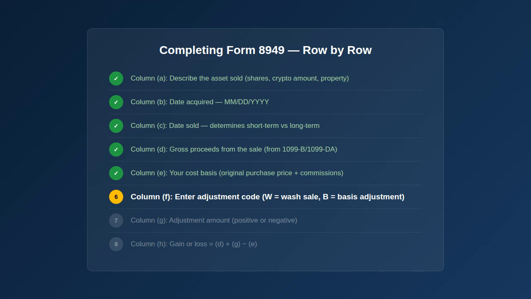In column D, enter the proceeds, what you actually received from the sale, which your 1099-B or 1099-DA will show. In column E, enter your cost basis, what you originally paid, including commissions. Then column H is where you calculate the gain or loss, proceeds minus cost basis. If you have adjustments, and I'll explain those in a moment, column G is where they go.